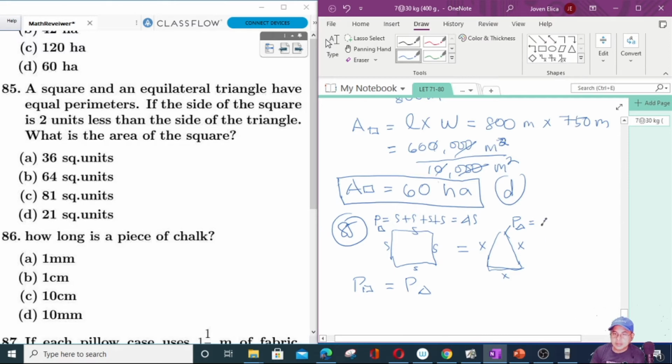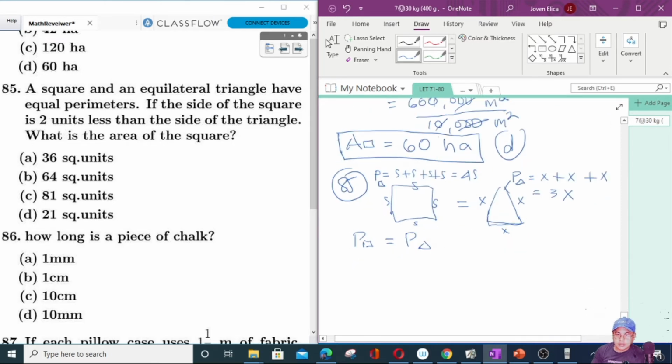So the perimeter is x plus x plus x, which is 3x. If you substitute the perimeter formulas of these two shapes, we have 4s equal to 3x.